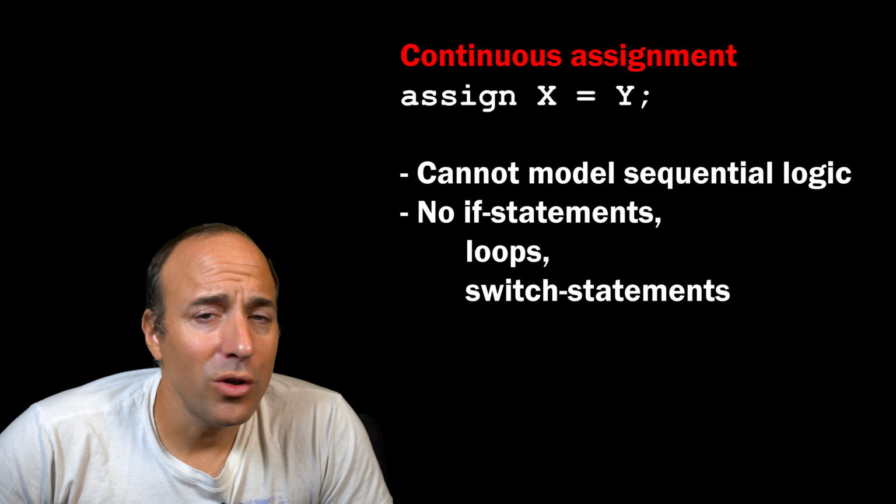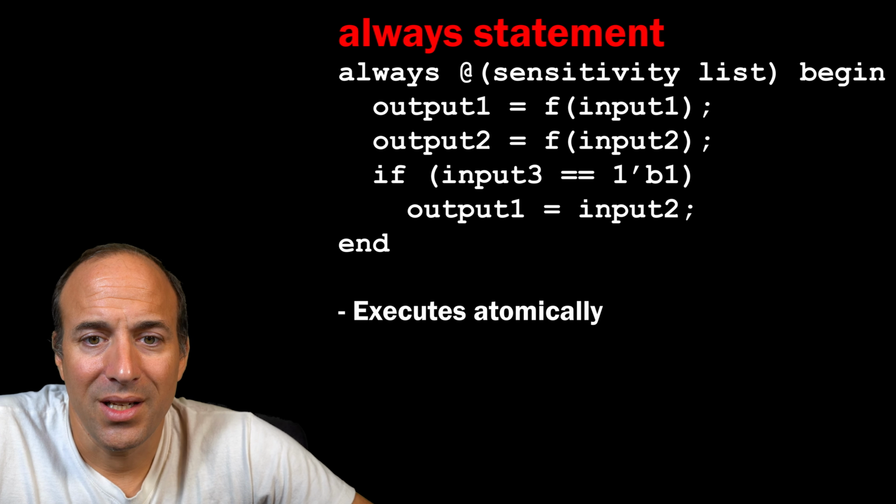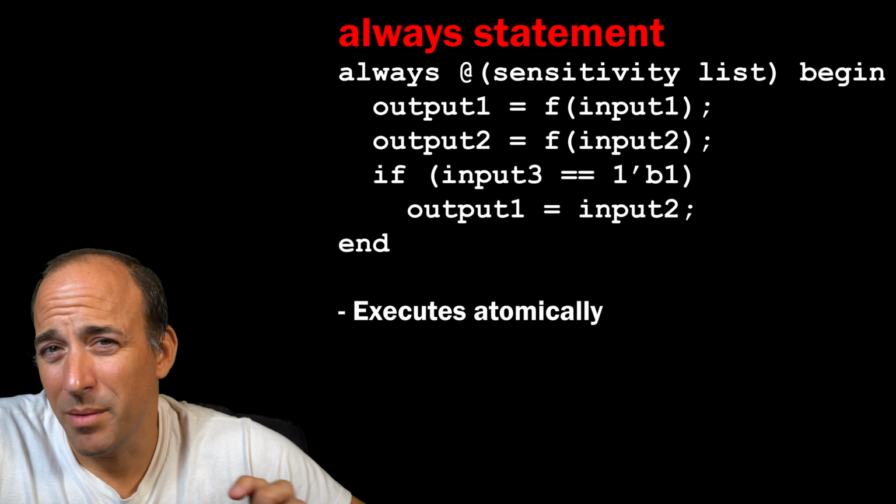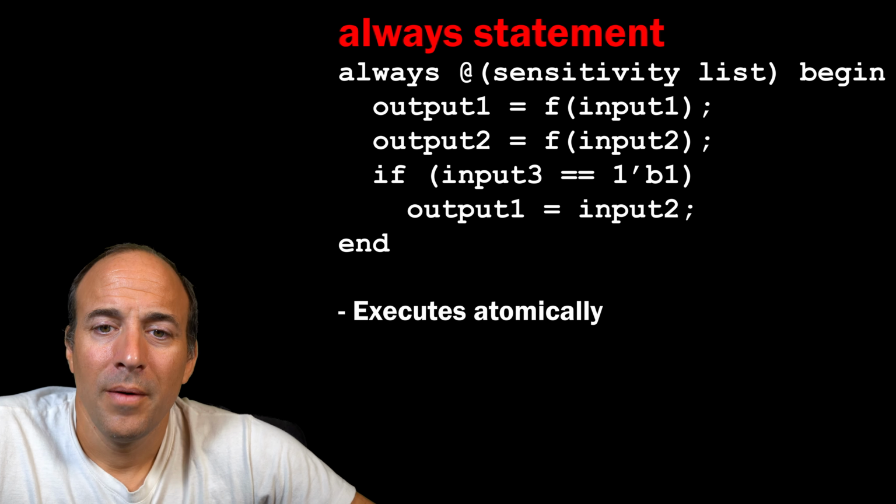An always statement executes in the same way as a continuous assignment statement, in the sense that its outputs are updated whenever any of its inputs change state. So from the perspective of an outside observer, there's no point in time in which an always statement is only partially executed.